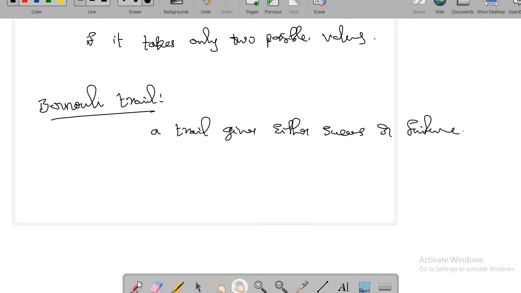For example, you can take tossing a coin. Okay, so this is example 1.